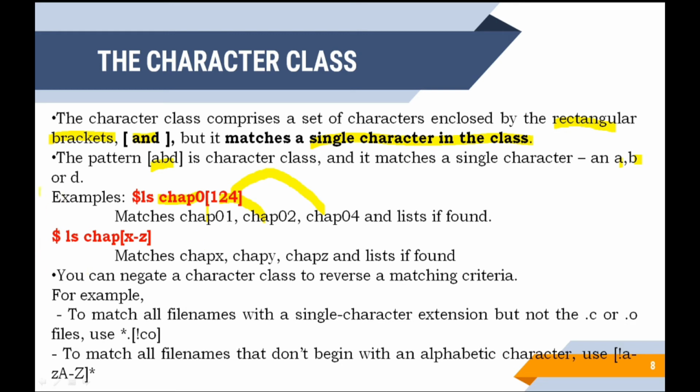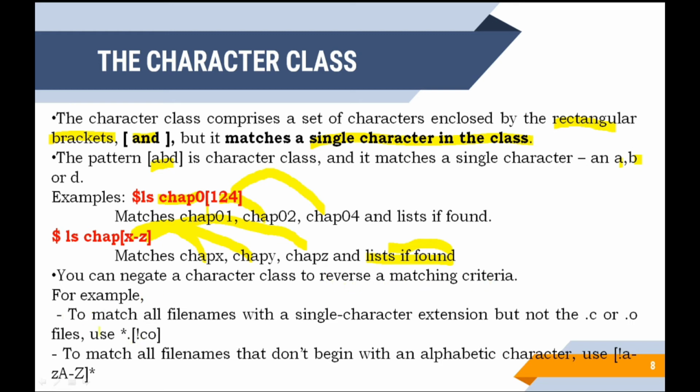Okay, then the same thing for X to Z, a range we are going to specify. See chapter X, then chapter Y, then chapter Z. First it is going to match and then it is going to list if it is present there. Even it is possible to negate a character class to reverse the matching criteria.